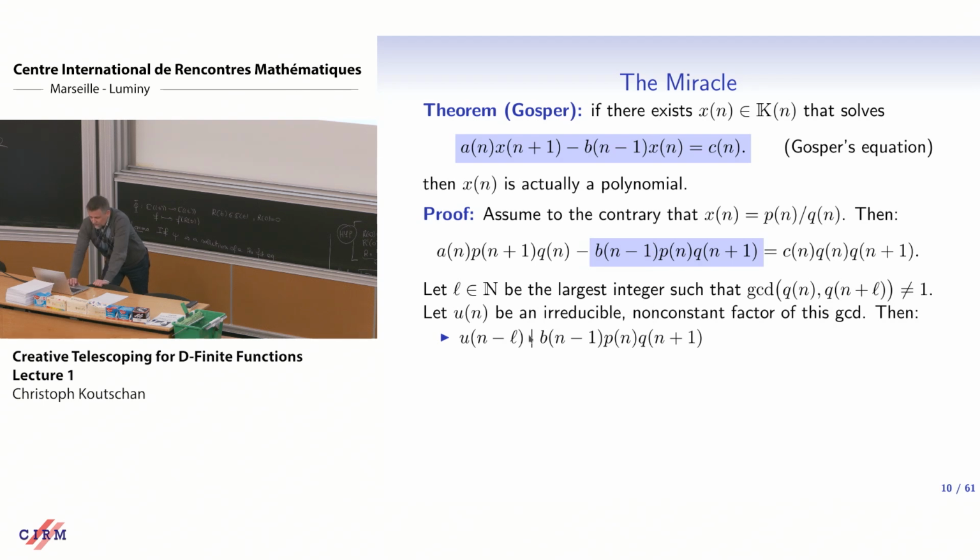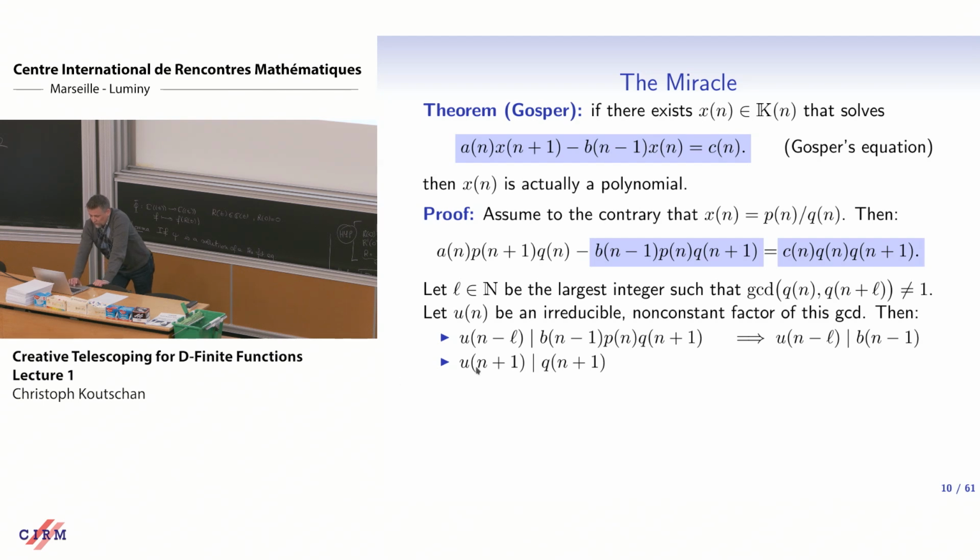And now you can think a bit that u of n minus L can neither divide p of n, because we assume that it divides q of n, and of course we assume that p and q are co-prime. It's not written here, but it's somehow clear. And it can also not divide this q of n plus 1, because we assume that L is the largest integer such that this has a non-trivial GCD. So therefore, this u of n minus L must divide the b of n minus 1.